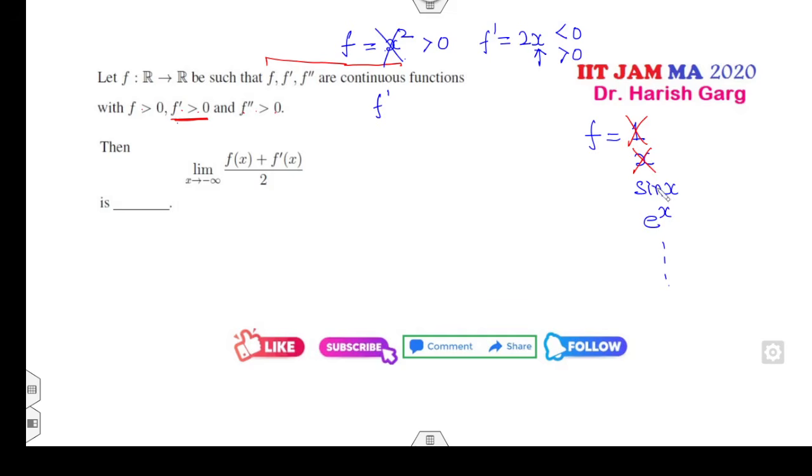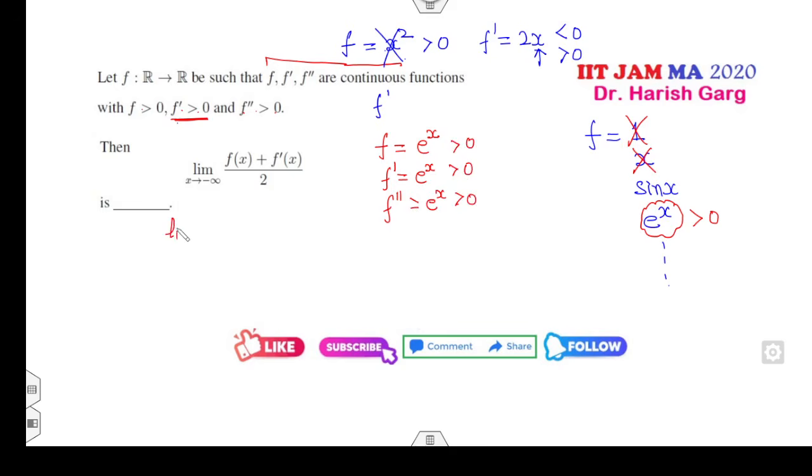Sine is also not possible, because we know e raised to power x is always greater than 0. I can choose the function e raised to power x; clearly its derivative and second derivative are positive for all x.